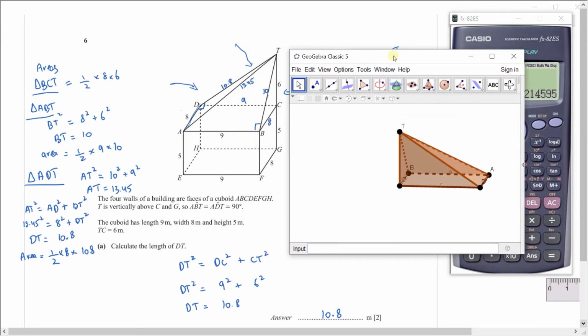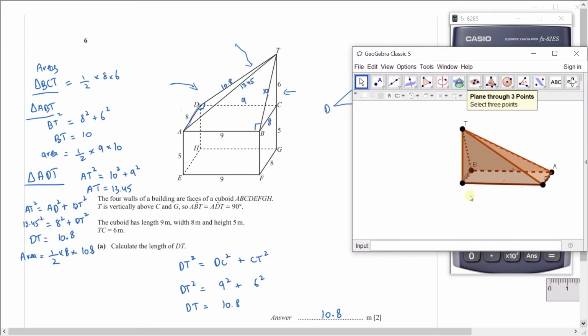I already know DC is 9, and I also know that CT is 6. So for triangle DCT, the area is pretty straightforward. I already know the base and the height that I need. So base is 9 and the height is 6. So these are the 4 triangles that make up the roof.